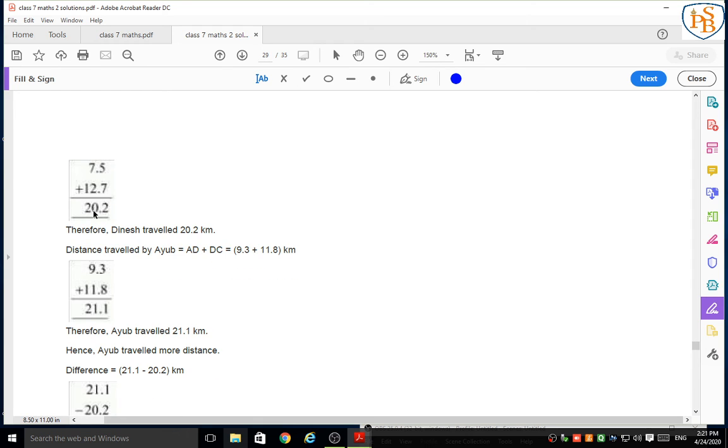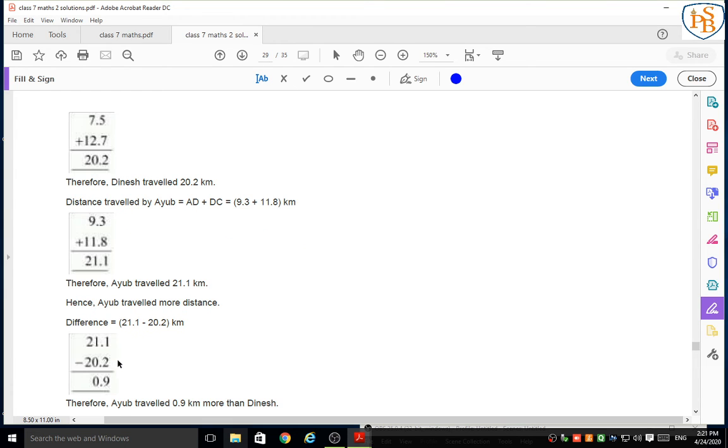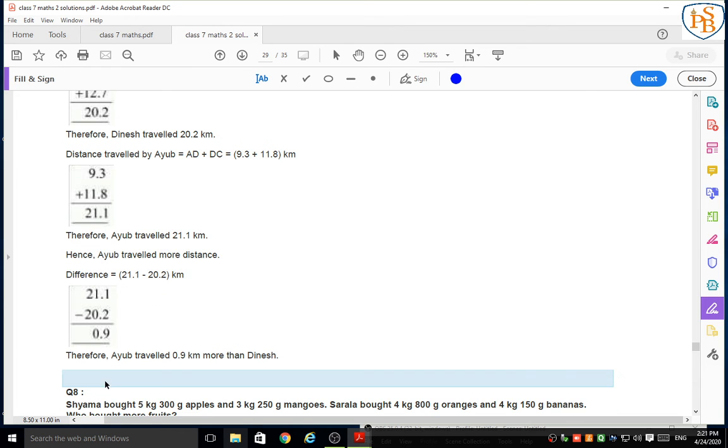Now look here carefully. Dinesh traveled 20.2 kilometer and Ayub traveled 21.1 kilometer. So from this we get the answer: Ayub traveled more distance. Now what will be the difference? That is 21.1 minus 20.2. So it gets us 0.9. Therefore Ayub traveled 0.9 kilometer more than Dinesh.